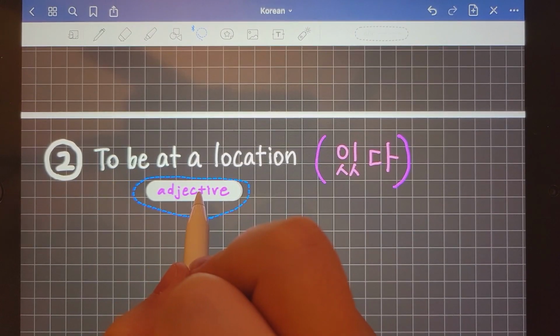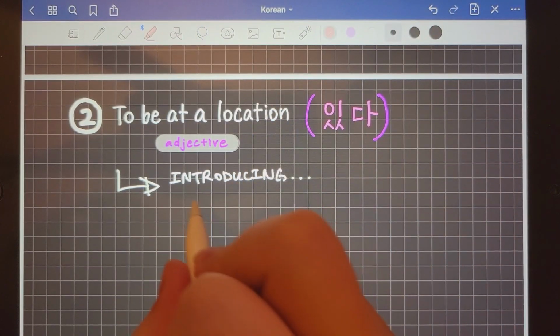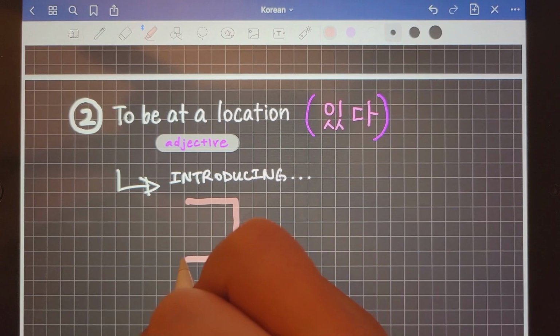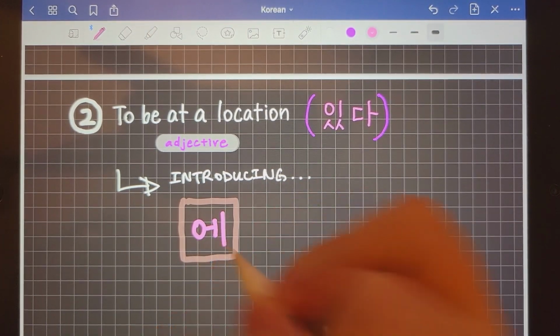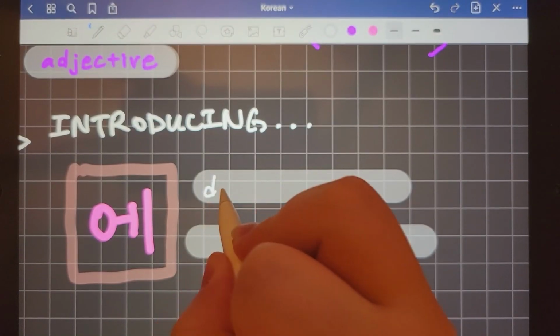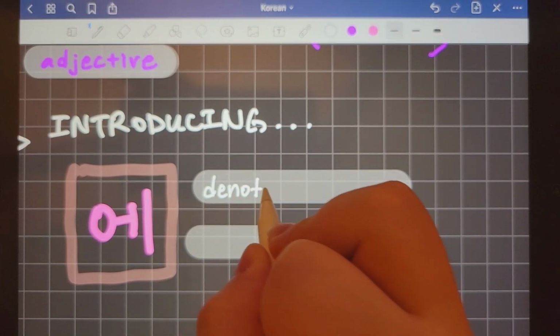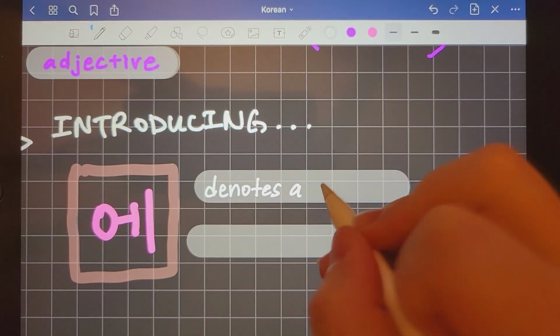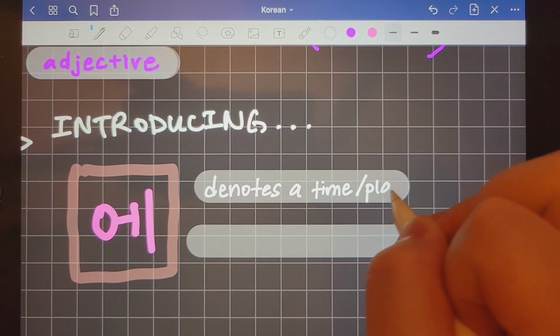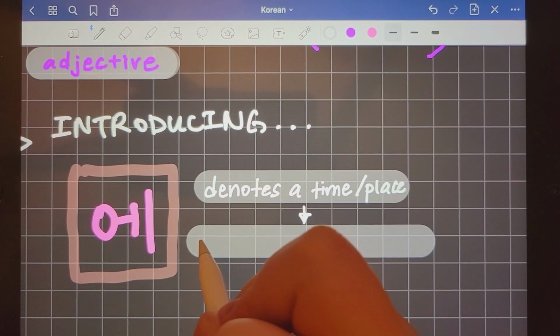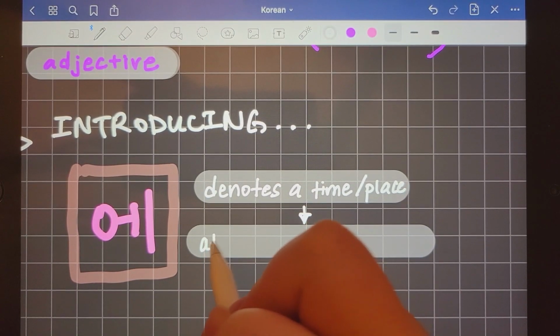This is also an adjective, and to explain it, we're going to use this word e. And this word denotes a time or a place, and this is another particle, yes.